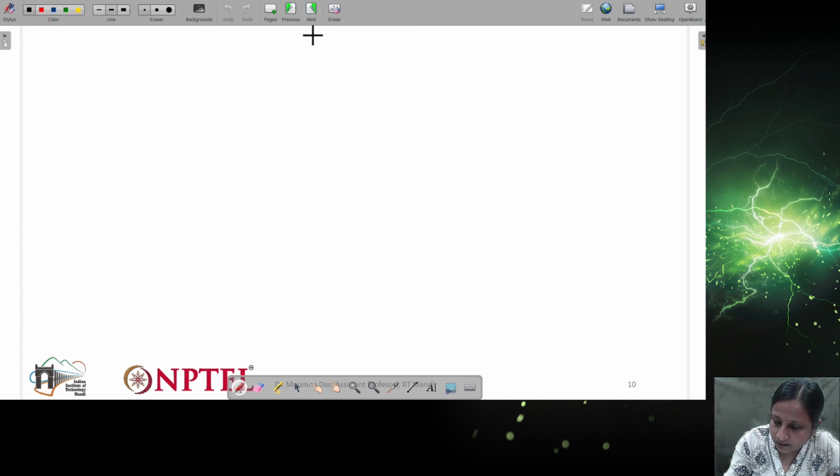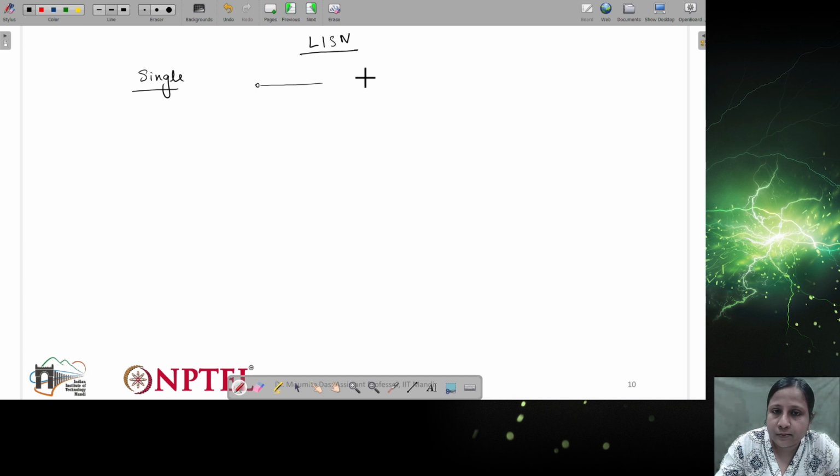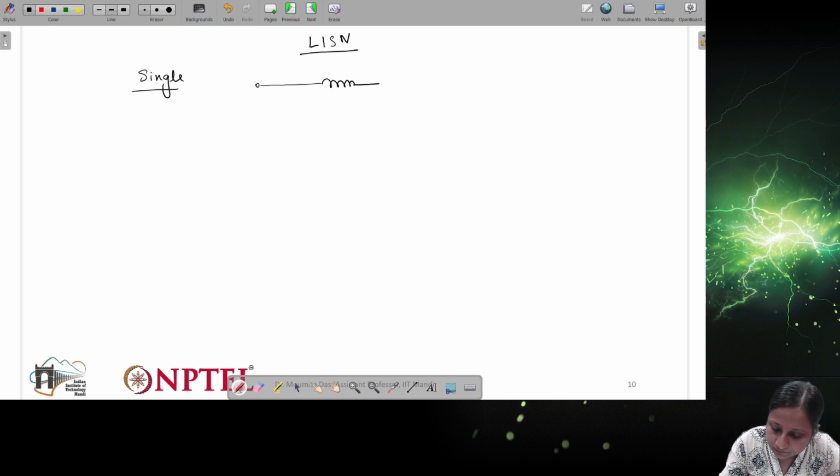Till now I haven't told you about the LISN network. What does this LISN network consist of? It must have some network configuration, some resistance, capacitance, all these things. If I consider a single LISN of 50 microhenry, it has an inductance of 50 microhenry.